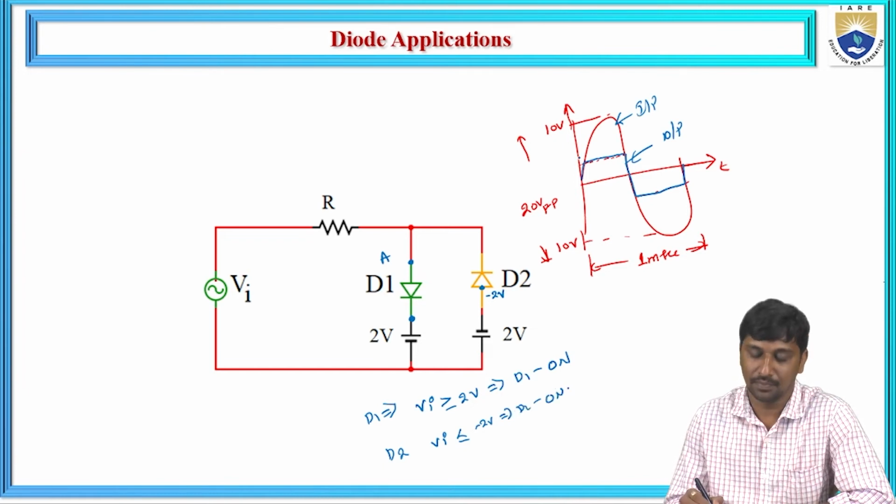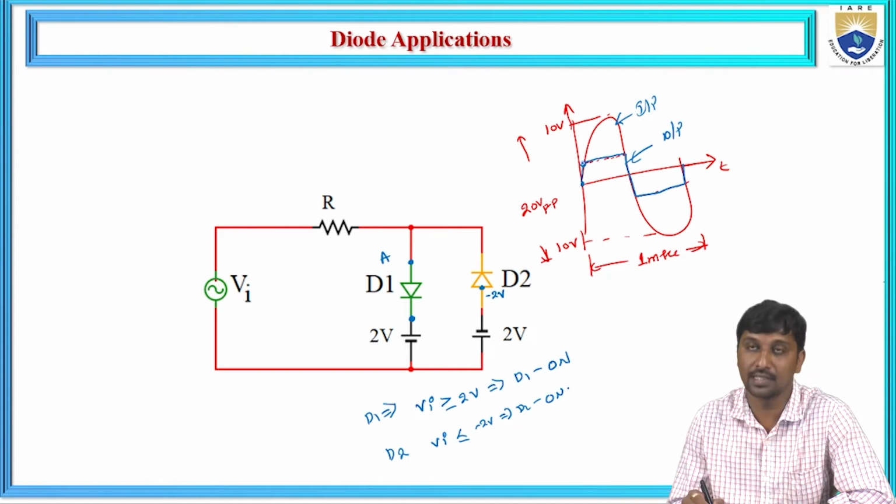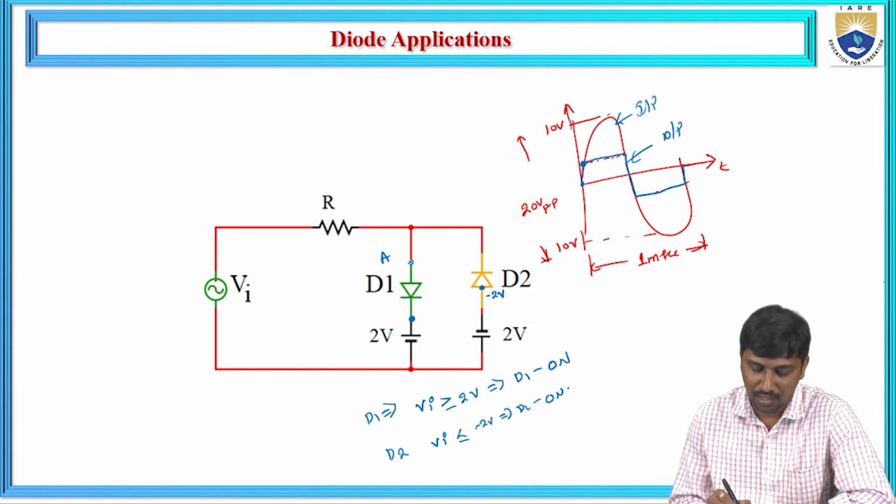So let us consider the input passing from 0 to 2 volts. If the input is between 0 and 2 volts, then what is the output here? If Vi is greater than 2 volts, then D1 is on. So up to 2 volts, D1 is not conducting, it is off state.